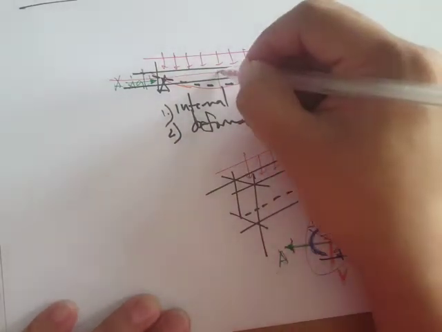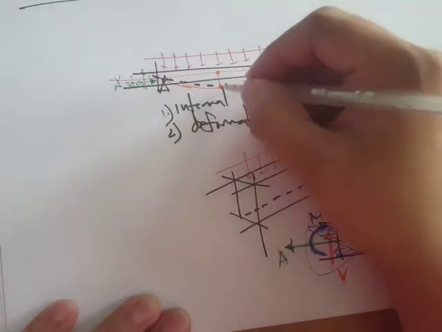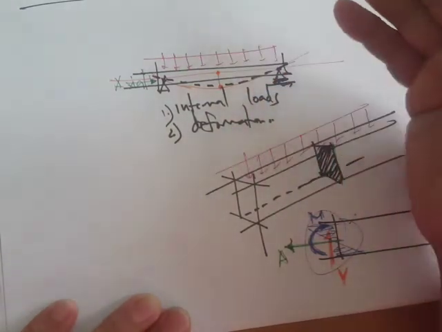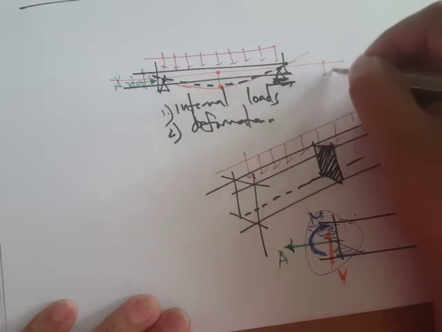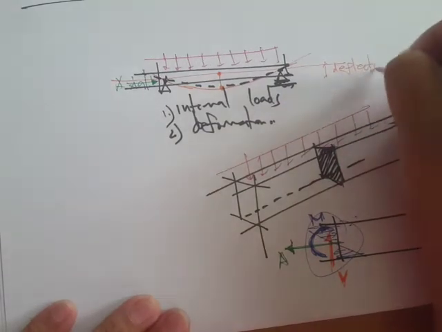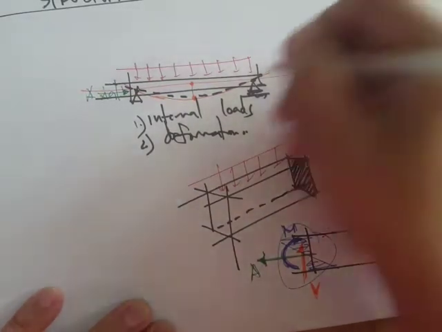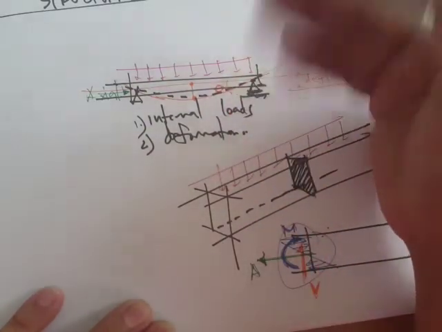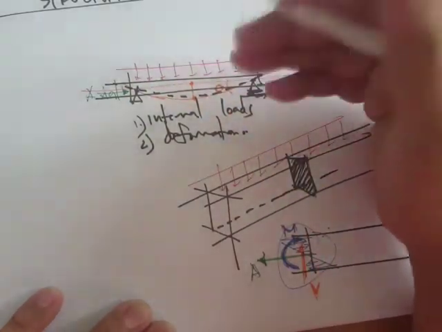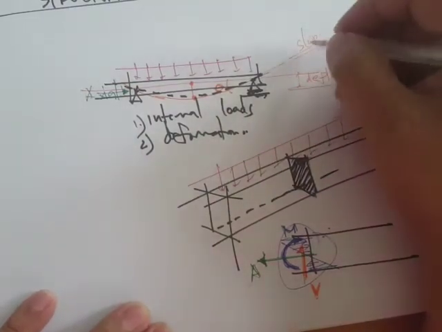If you use the term deflection, you're referring to translations, like translation along y or translation along x. That's what we call deflections. And we use the term slope if we are referring to the angular, or rotational, movement of the point.